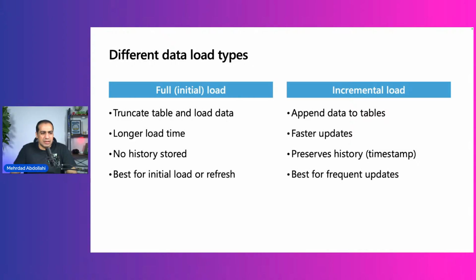Here is just a quick comparison of some items that are applicable. For example, in full load, you are going to truncate your table and load the data from scratch. It can be used for small data sets, where you can wipe it out and then reload it.